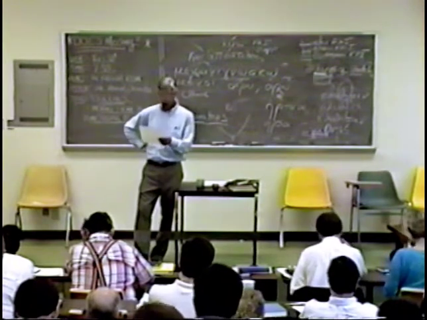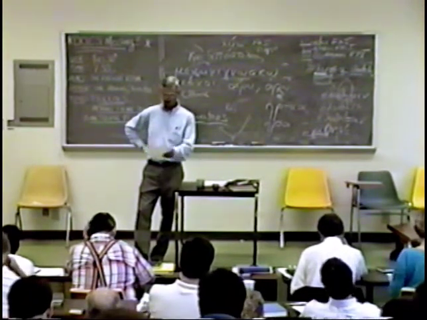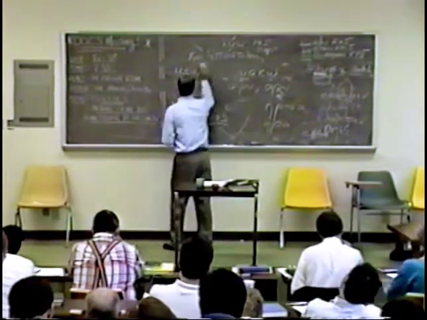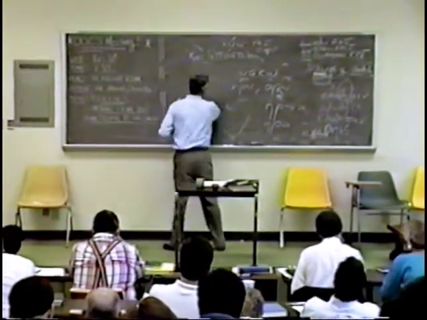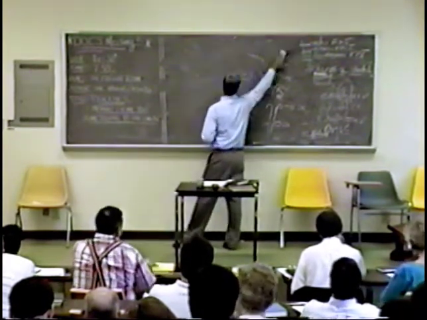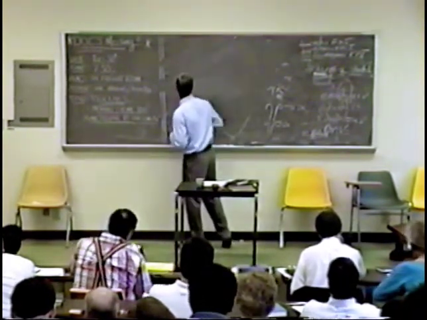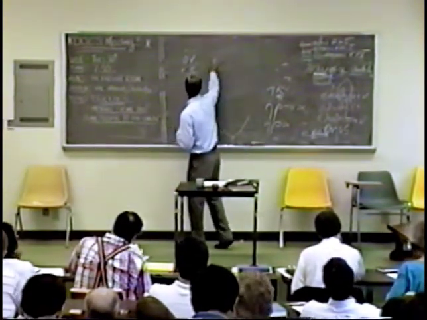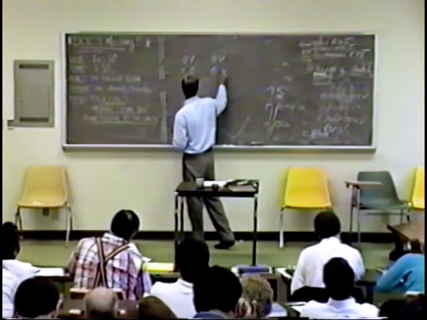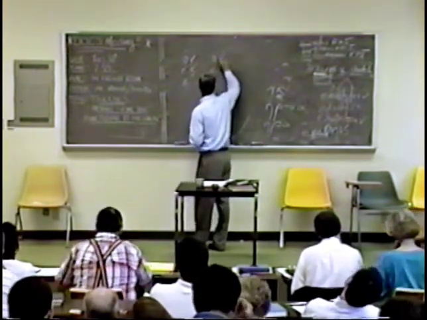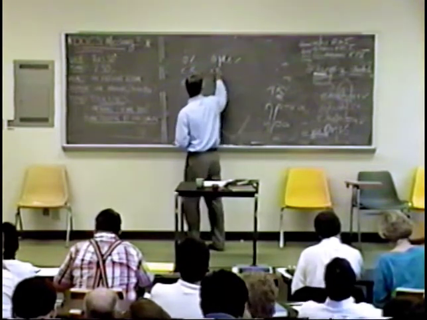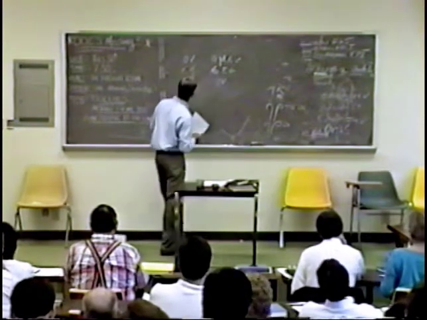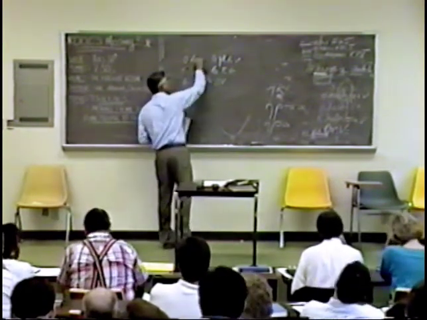In the indicative, you have the problem of having first and third forms that are identical. This problem persists throughout the declension.